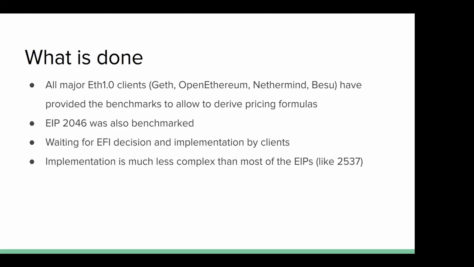Here one just has to follow the spec to implement a formula to derive gas cost from the length of the input. So it should be much easier for developers to implement, and if necessary, I can also provide them with some help. So as for presentations, that's all. If there are some questions, we can discuss them.